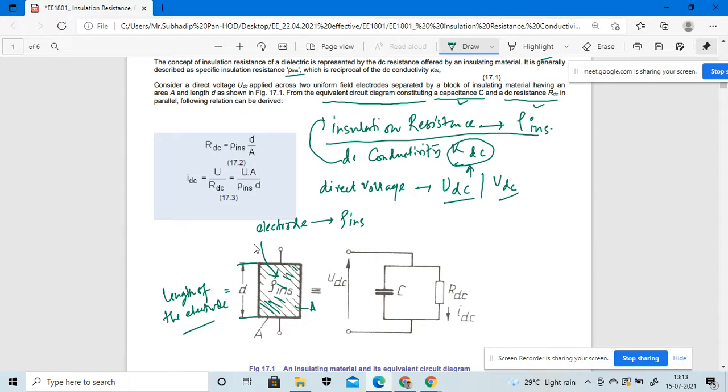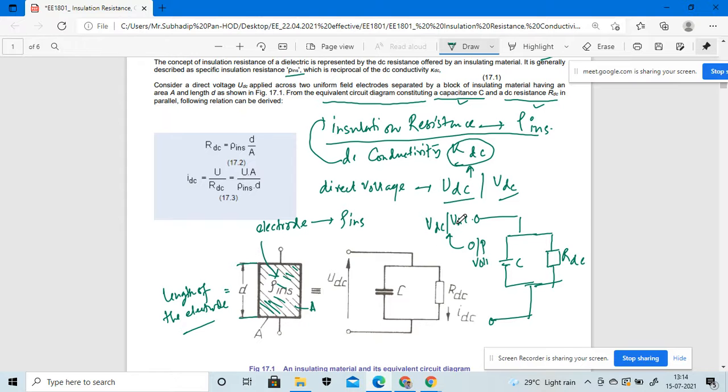So what will be my equivalent circuit? The circuit should be like this. Here is my capacitance, and here we are considering my R of DC, and this will be my output voltage, which will be nothing but your VDC or U of DC.